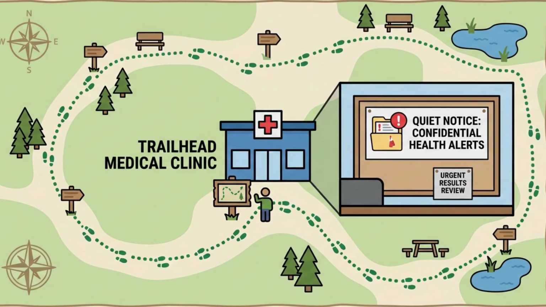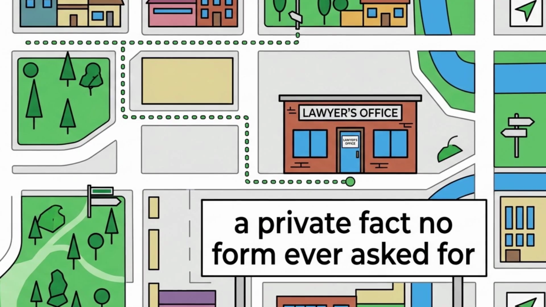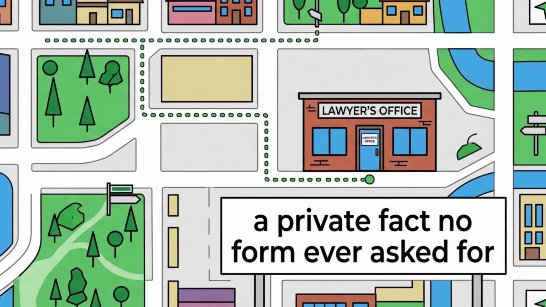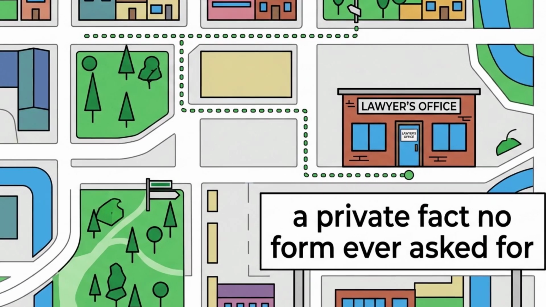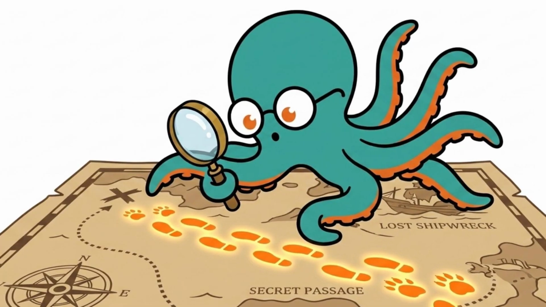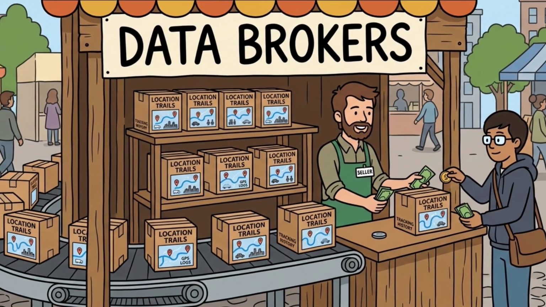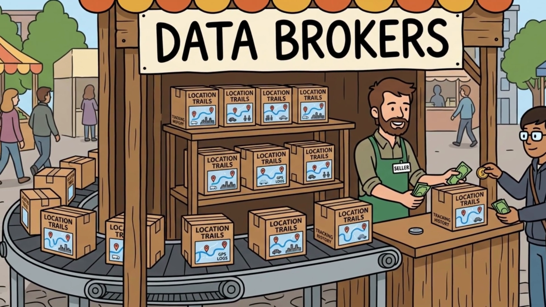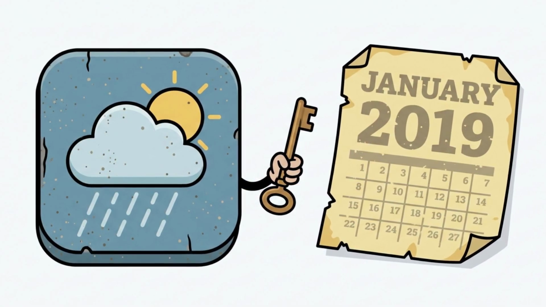A dot that stops at a certain clinic, a certain place of worship, a certain lawyer's office says something no form ever asked you. And most apps don't want any single one of those. They want the trail because a trail can be packaged and sold to data brokers who never had to ask you anything, since you already said yes to a weather app in 2019.